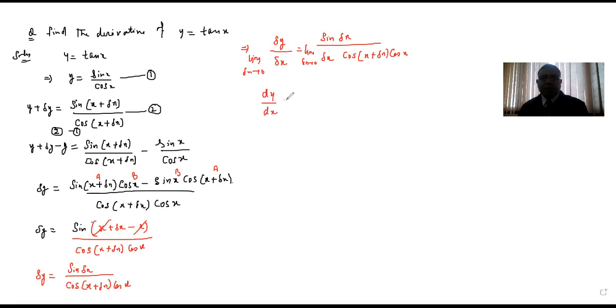Dy by dx is equal to sin delta x over delta x, this is 1, upon cos x plus delta x, it is 0, is to cos x.